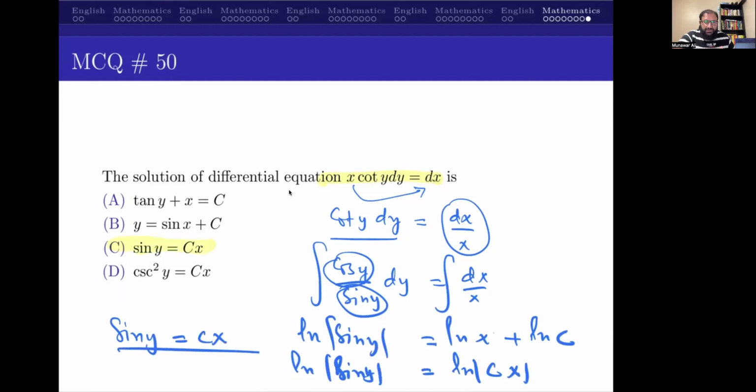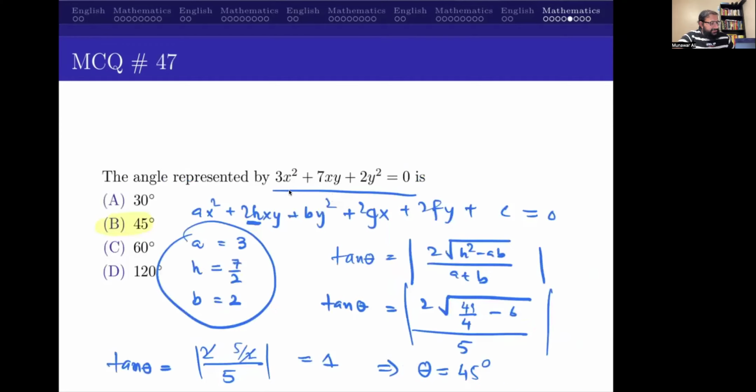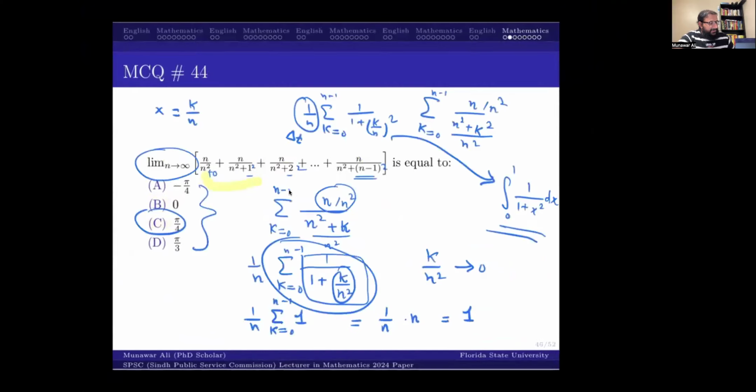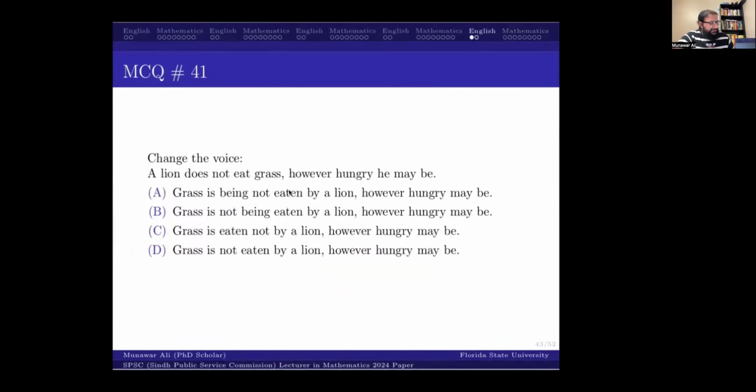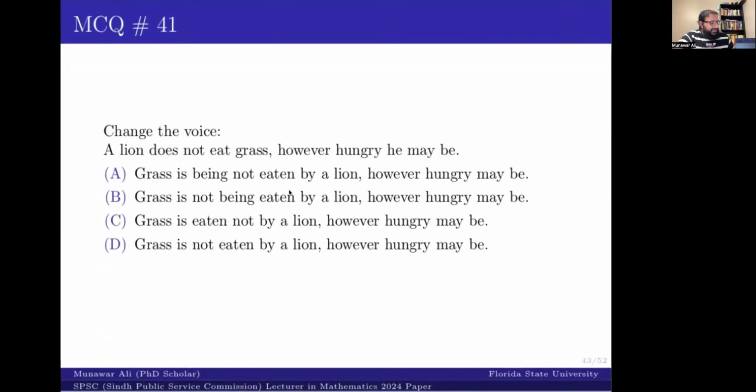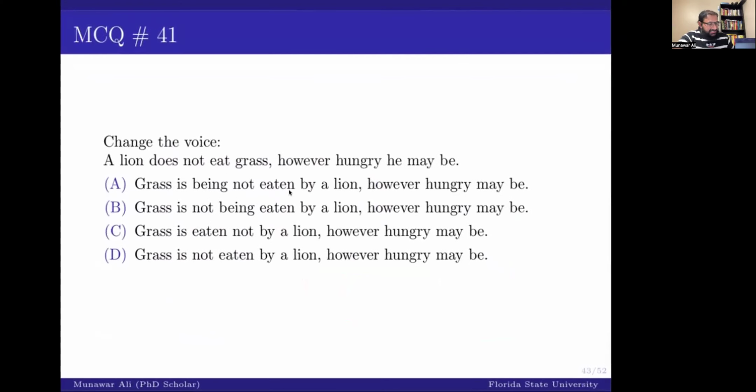I'm going back to solve English MCQs. I think MCQ number 41 and 42. So what 41 says: simply change the voice. A lion does not eat grass, however hungry he may be.